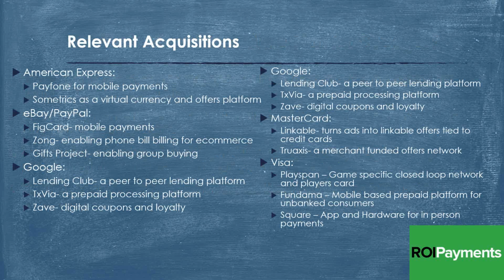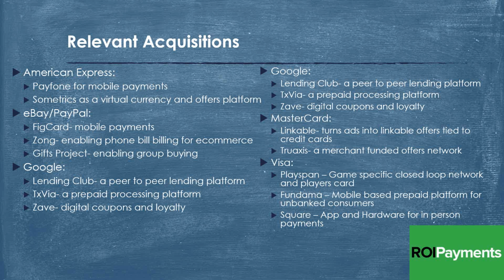We want to go over a few relevant acquisitions that we see in the marketplace. The long and the short of it is it's very difficult to operate and to be innovative in a four-party network. So the credit card schemes, credit card networks, as well as technology partners are working very diligently to try to stay relevant, based on their own agendas, to insert themselves into the marketplace.